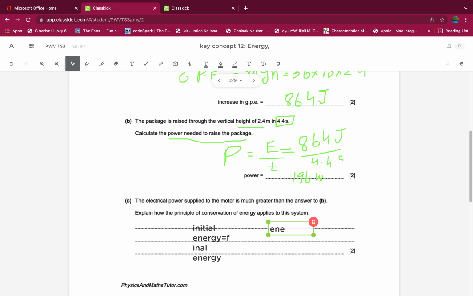Some energy is dissipated. Dissipated means wasted. Where is it wasted? Into the surroundings.